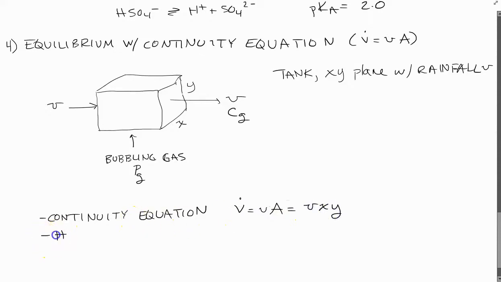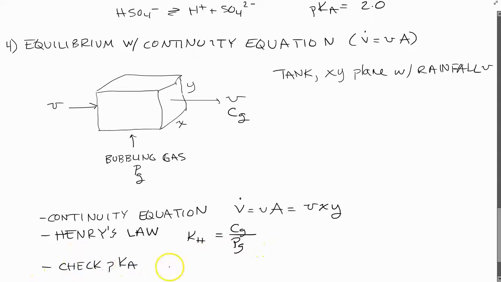You're going to have to use Henry's law, probably, because you've got gas and liquid. So our KH is going to be Cg. Remember, that's going to be in moles per liter over the partial pressure. And then maybe you're still not quite sure, right? So maybe you want to check the pKa table to see if there's anything else that's going to be interesting to you.